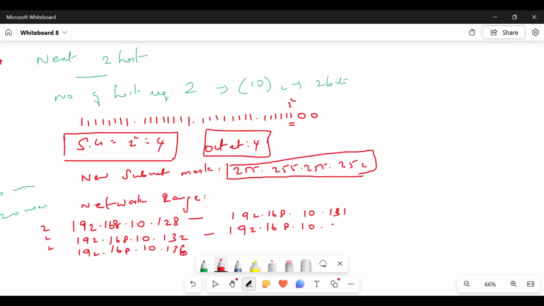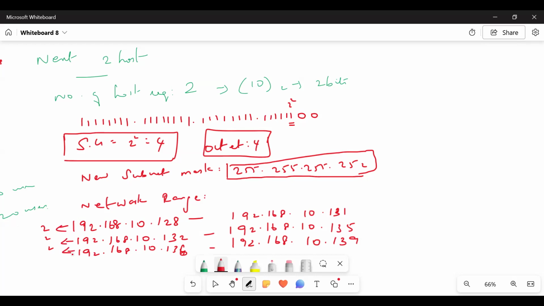So here it will become 135. And here 192.168.10.139. That is 140. If we add the other 4, 136 plus 4 is 140. The previous address is 139. Subnet address is actually 4 here. So we can allocate these IP addresses for the two hosts in the crossover link.